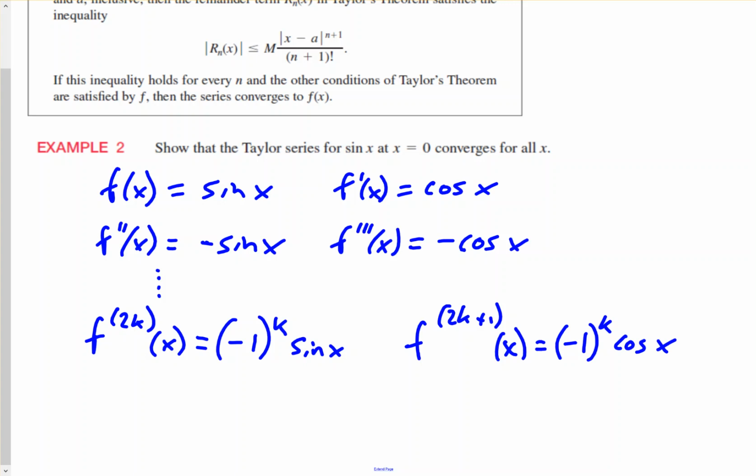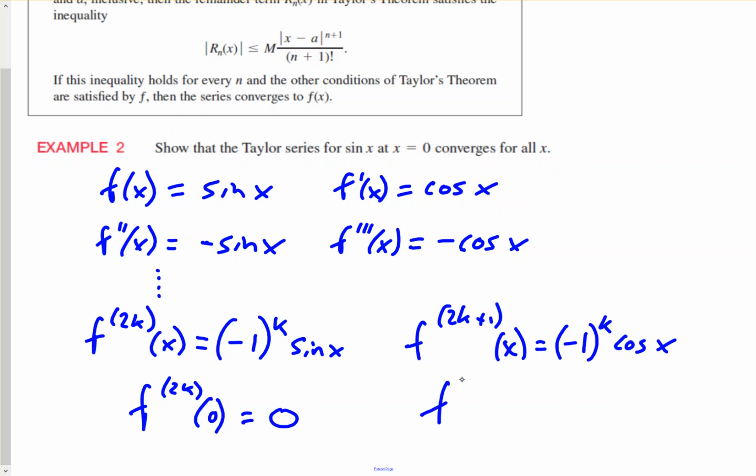Okay, so because we're at x equals 0, when we plug in 0 into these signs, at sine of 0, we get 0. So we know that f to the 2k of 0 is going to equal 0. And then when we plug in 0 into these cosines, well, cosine of 0 is 1, so these are going to turn into either 1 or negative 1.